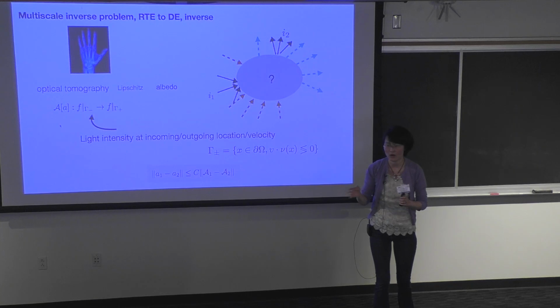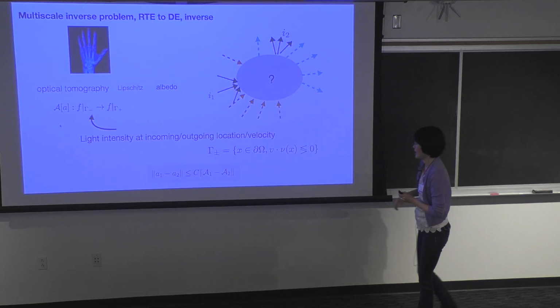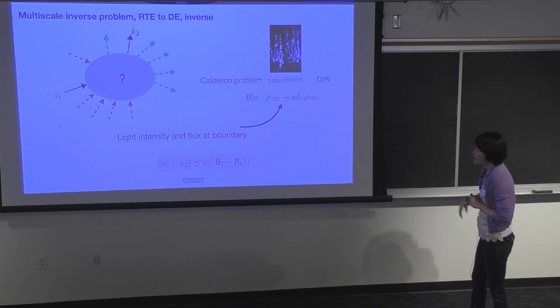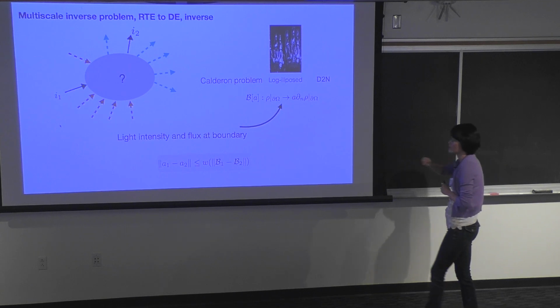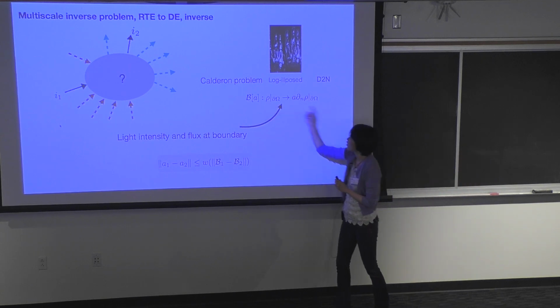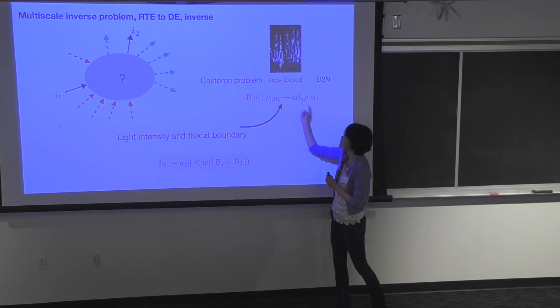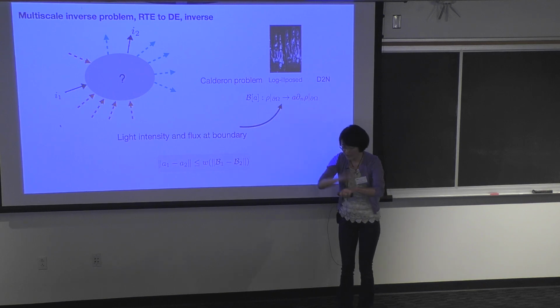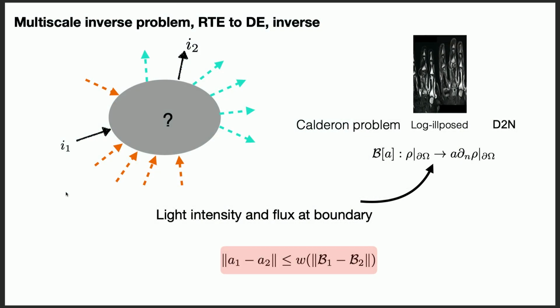So they can tell apart my hand with respect to your hand, for example. If you use the Calderon problem, however, we define the operator called the albedo, the directional-to-normal map. So you tell me the incoming light source and I tell you the flux of the light going out. This is proved to be logarithmically ill-posed, in the sense that if you perturb the data by a little bit, the reconstruction can be hugely different.